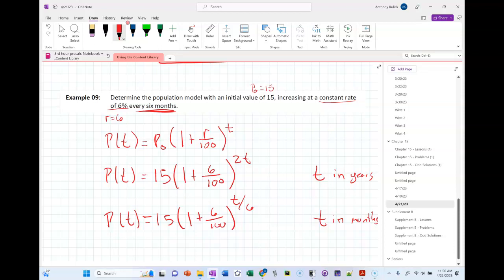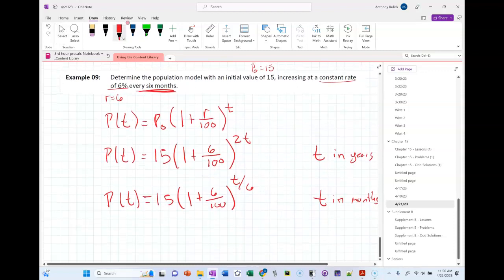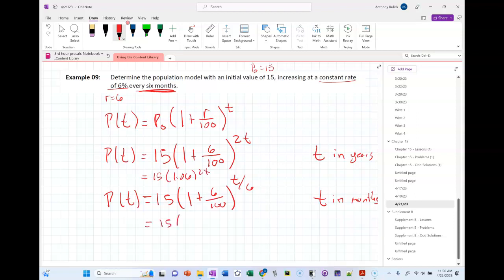So either answer would be okay. So again, this would just simplify down to 15 times 1.06 to the 2T, or 15 times 1.06 to the T over 6. Depending on what you're going to use your model for, you would pick whether you want to do it in years or months, because whatever the data you were going to model from, if you needed yearly data or monthly data, that's fine.